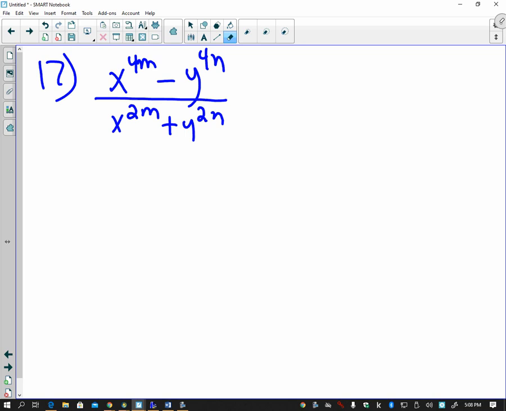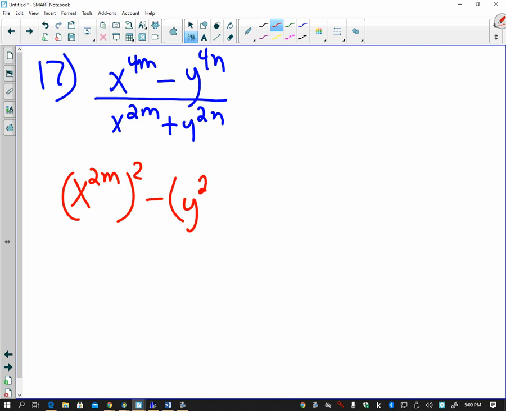All right. So what they show you is they have you kind of factor out the numerator. So what they mean by that is they take x to the 2m squared, and that's what would give you 4m, minus, and they do the same thing with the y, so they do 2n squared up here like this.